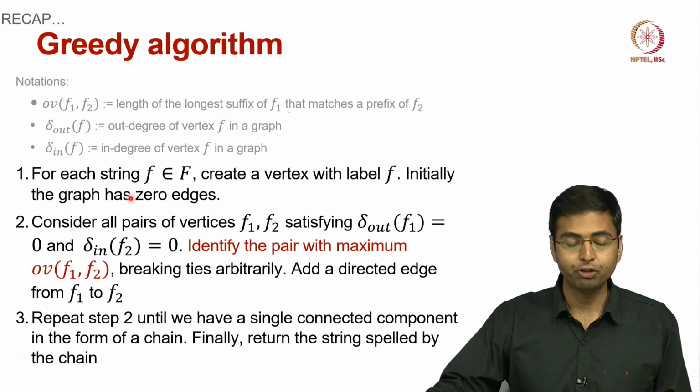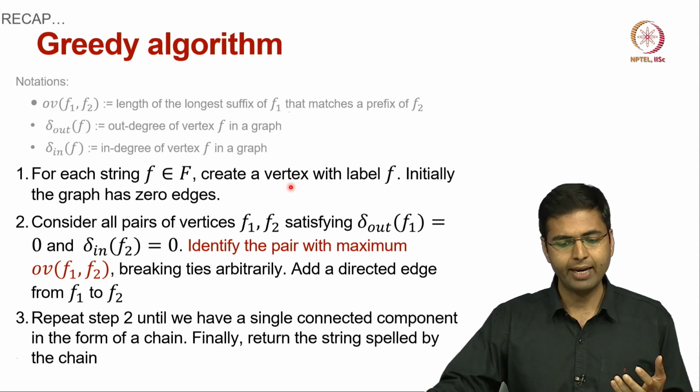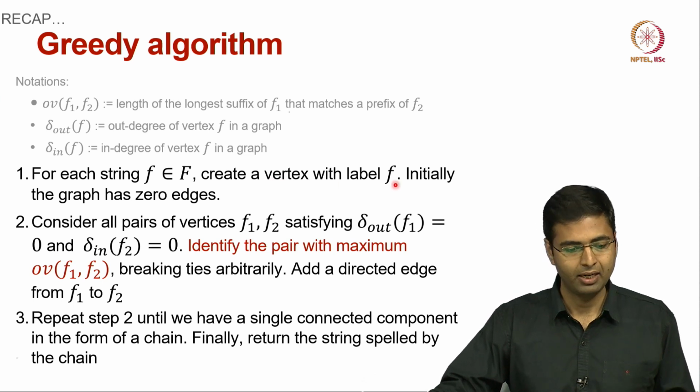You have a collection of strings, capital F. We created a graph where you have a vertex for every string, with the label small f.